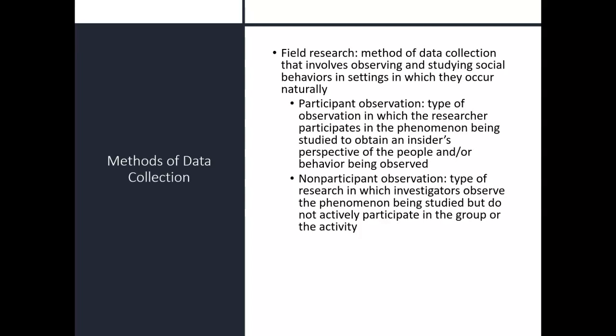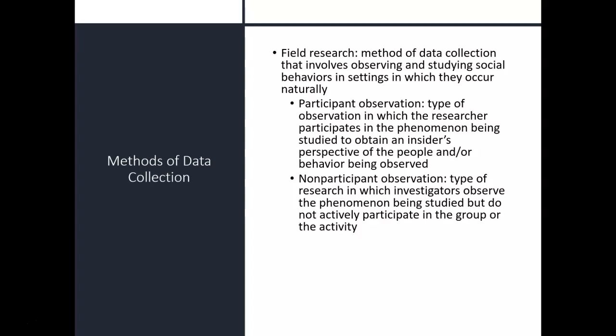So what the researcher would have to do, if they're going to be incognito, if you will, undercover, is the IRB would need to have very clearly spelled out ethical protections for the privacy of the individuals being observed, and respect for that privacy is absolutely paramount.